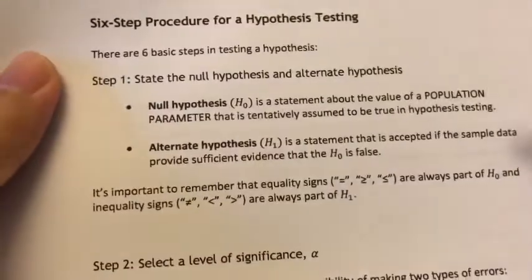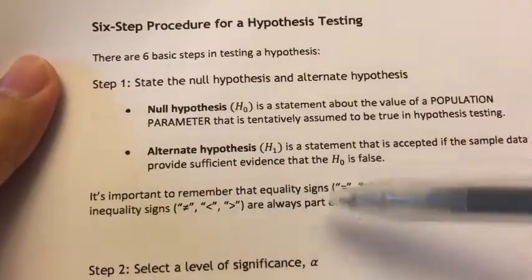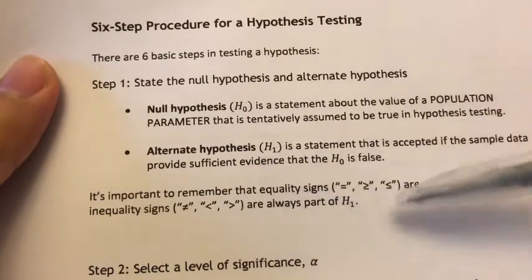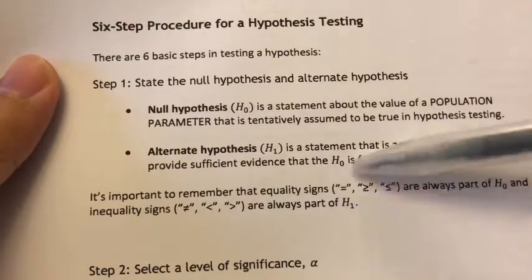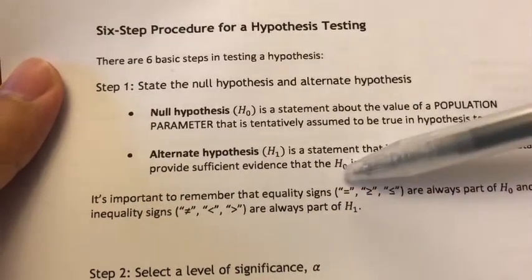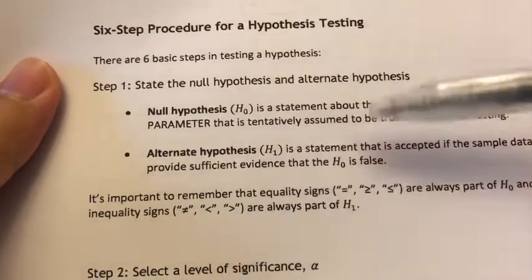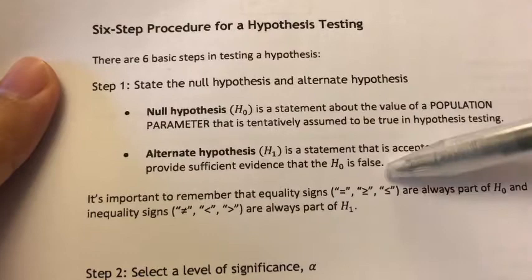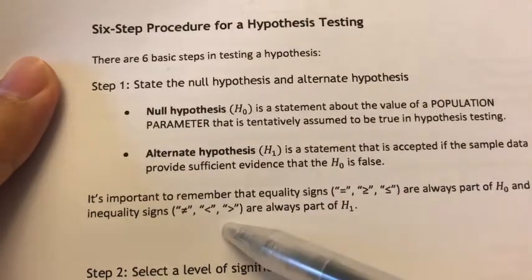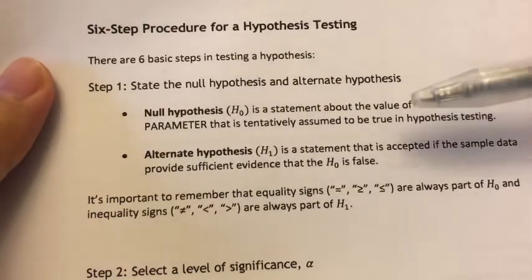Alternatively, the inequality signs are always a part of the alternate hypothesis. These are signs which are opposite of the equality signs. What is the opposite of equals to? Not equals to. What is the opposite of greater than or equals to? Less than. What is the opposite of less than or equals to? Greater than. So every time we write a hypothesis, there's only going to be one.